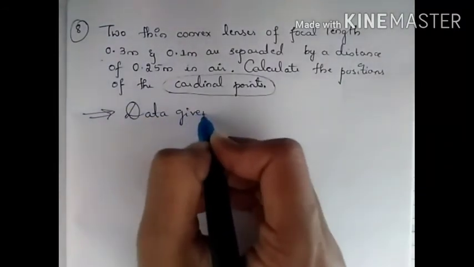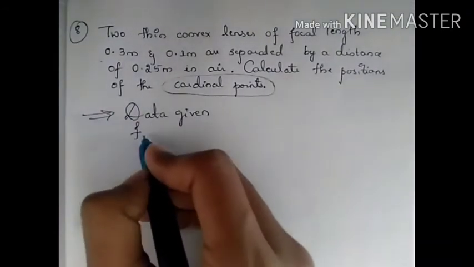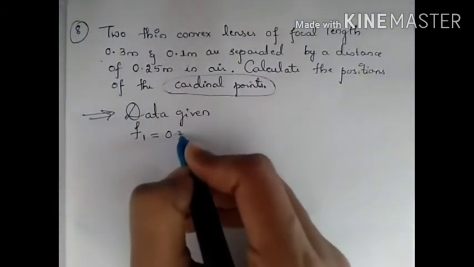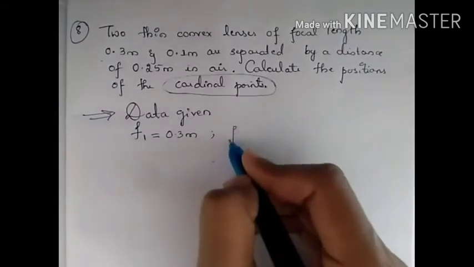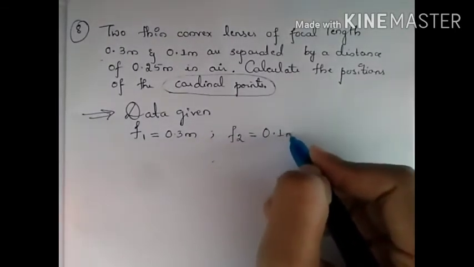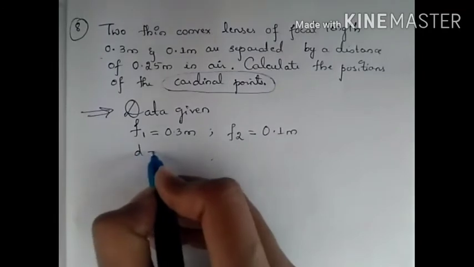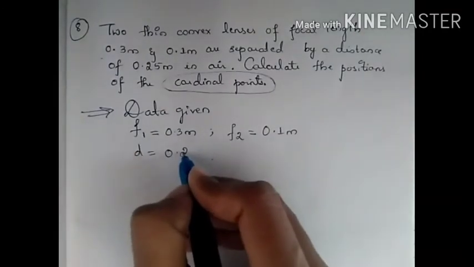So the data given is: the focal length of the first lens, f1, is equal to 0.3 meters, and f2 is equal to how much? It is 0.1 meters. Now these two lenses are separated by a distance of 0.25 meters.